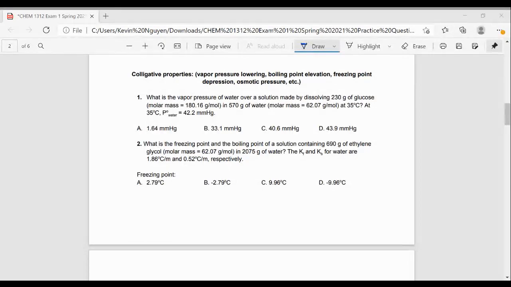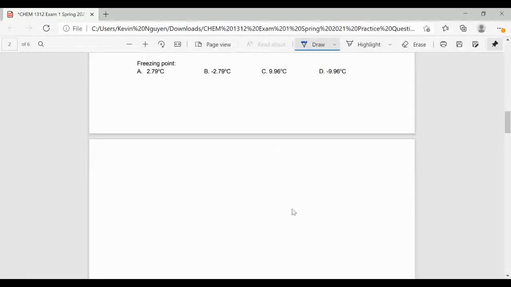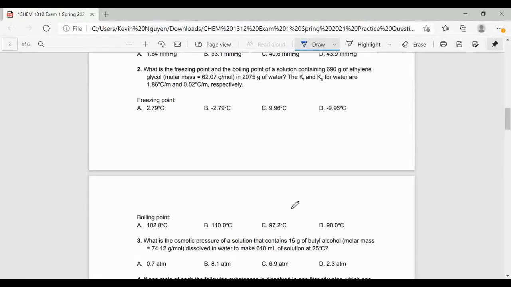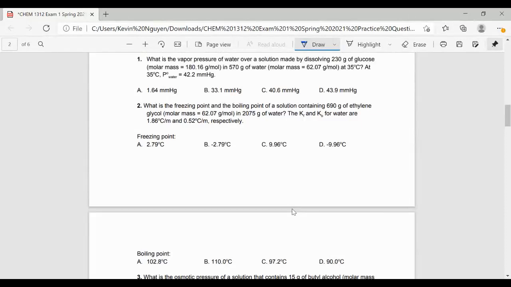Okay. Cool. So let's look at number 2. It's asking us what is the freezing point and boiling point of a solution containing 690 grams of ethylene glycol, so they give us a molar mass, and 2,075 grams of water. And we're also given a Kf and a Kb.